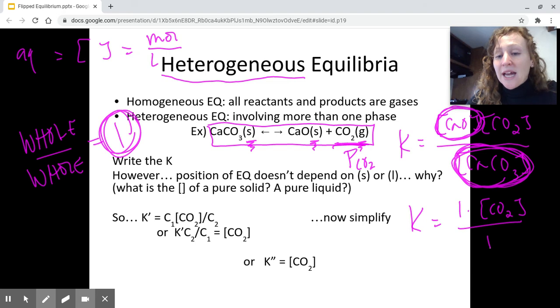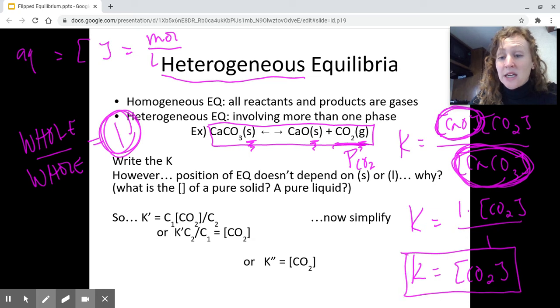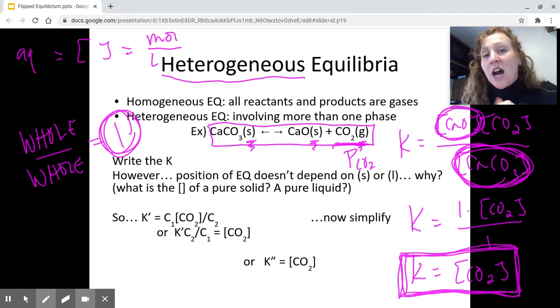So when we look at K and when we write the K equation, the only phases we are going to include in that equilibrium constant or that law of mass action are gases and or aqueous substances.